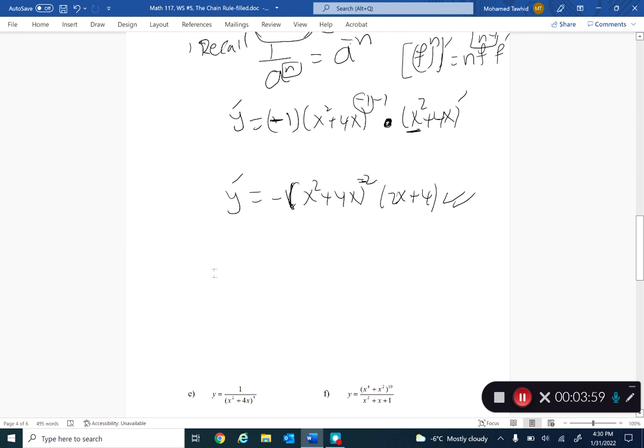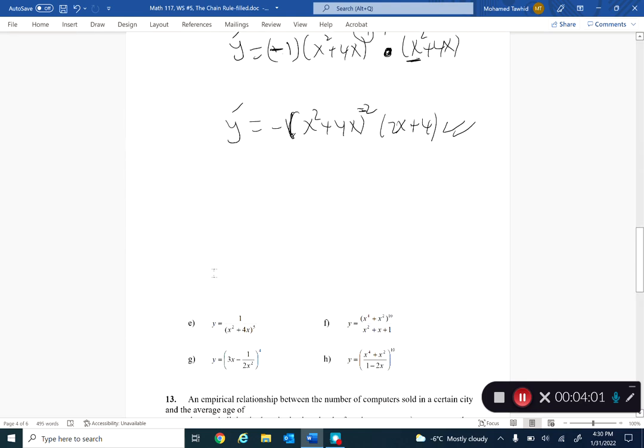Maybe I give another example, e. So what do you have? You have y equals 1 over x squared plus 4x to the power 5. Here again, you could apply the quotient rule because it is 1 divided by a bracket to the power 5.